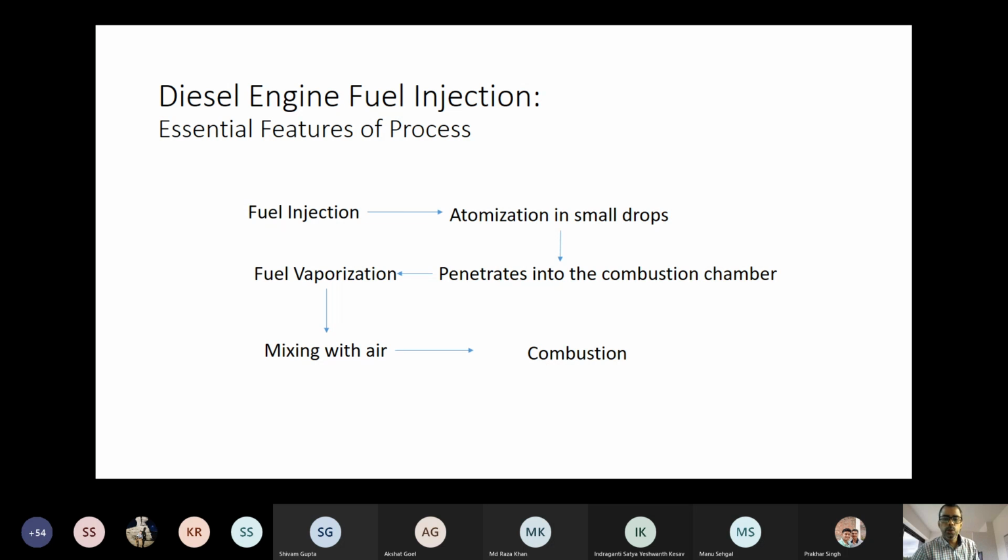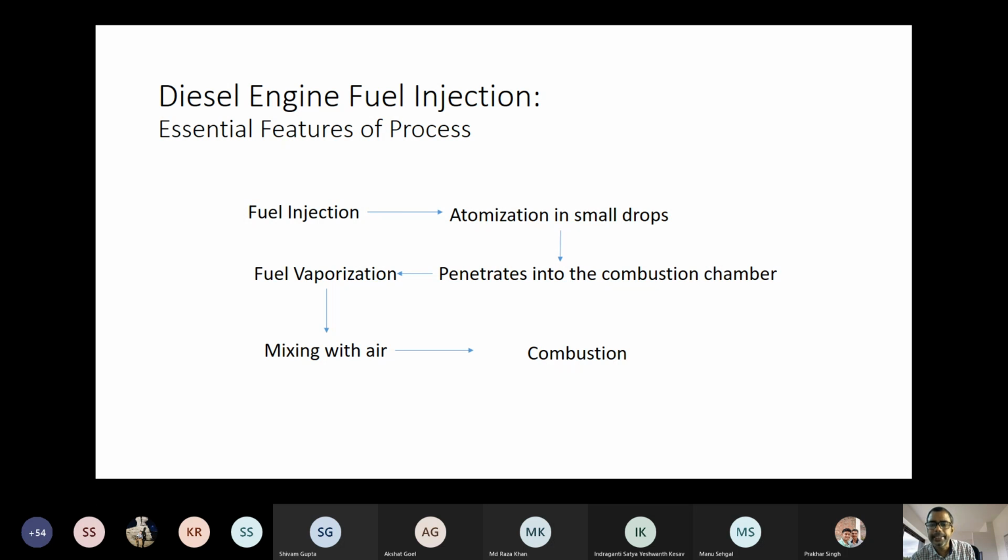So now we can think about the heterogeneity of the air-fuel mixture in the combustion chamber. We have discussed in detail previously that when you are designing an SI engine, one of the important objectives is how to improve the volumetric efficiency of the engine, because we are throttling the air in the SI engine.